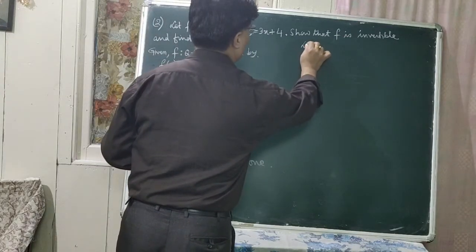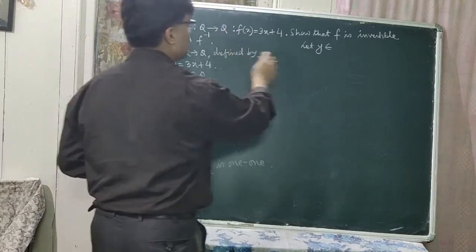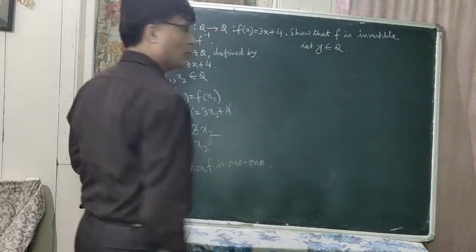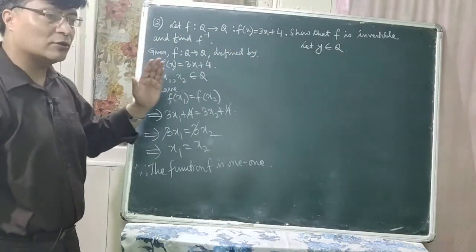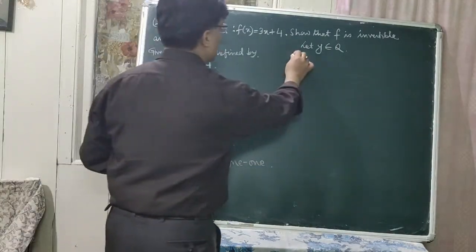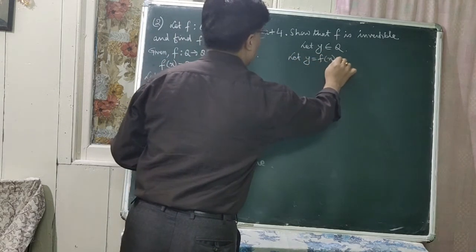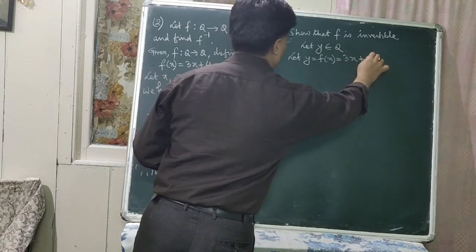Let y belong to this Q, that is your codomain. Let y belong to Q, that is your codomain, second Q. Okay, so let us assume let y is equal to f of x is equal to 3x plus 4.